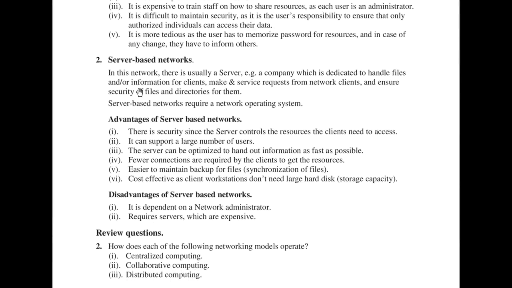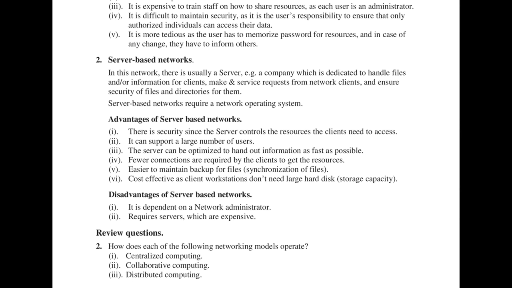Then we have the other model, which is server-based network. In this model, there is usually a server, e.g. a computer which is dedicated to handle files and or information for clients, make the service requests from the network clients and ensure security of files and directories from them.